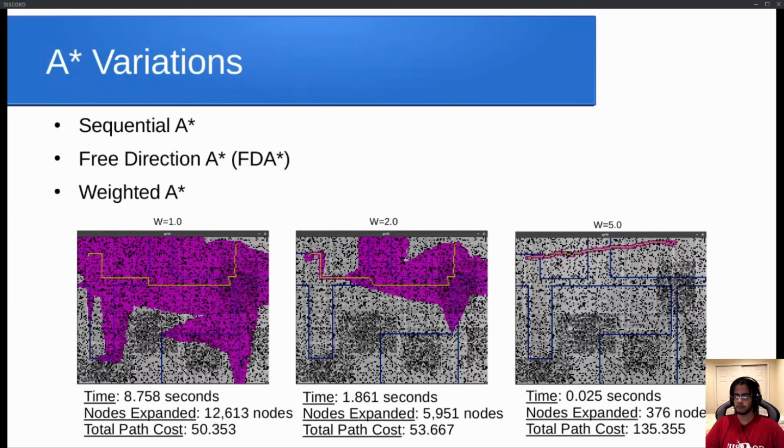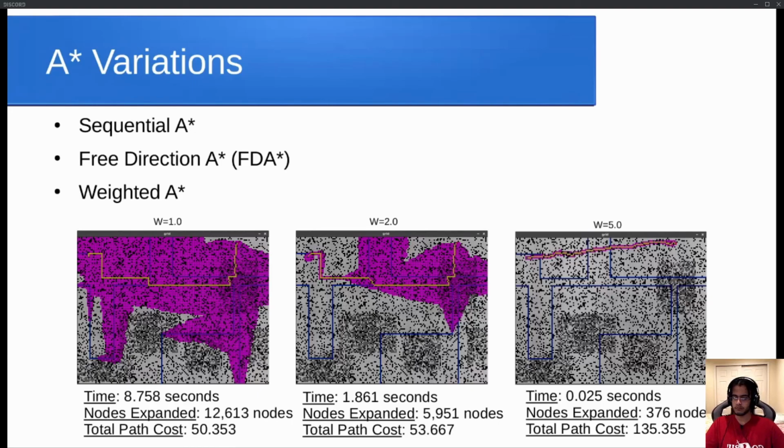And you see that's the metrics from that one example. But now if we increase to a weight of 2, you see we go from 8.8 seconds to 1.9 seconds, and we expand 6,000 nodes, half the number of nodes, and our path cost only goes up by 3. So you do lose optimality for this, but you gain quite a lot in processing time.